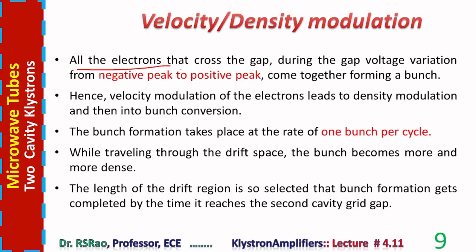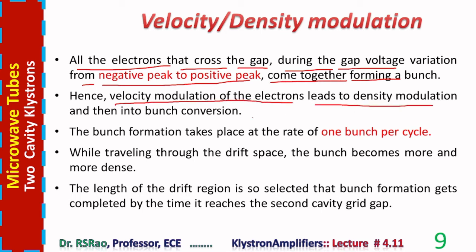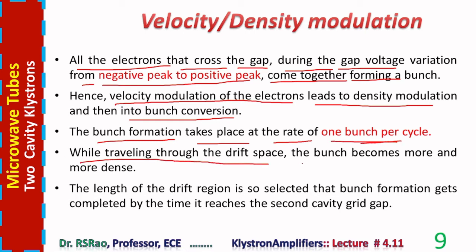All the electrons that cross the gap during the gap voltage variation from negative peak to positive peak come together forming a bunch. Hence, velocity modulation of electrons leads to density modulation and then into bunch formation. The bunch formation takes place at the rate of one bunch per cycle. While traveling through the drift space, the bunch becomes more and more dense.